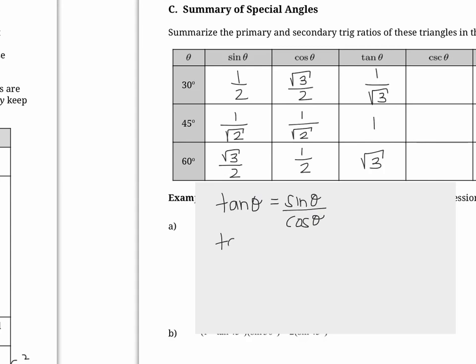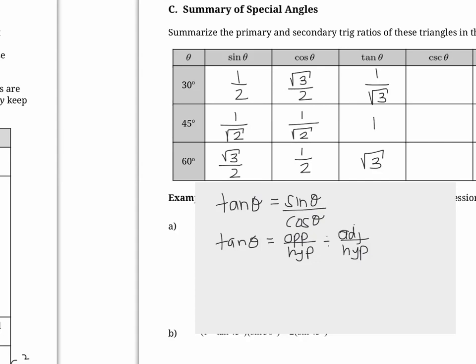So if we were to take a look at what sine over cos would be, well, we know that sine is opposite over hypotenuse, and divided by cos, cos is adjacent over hypotenuse. Well, how is this equal to tan?